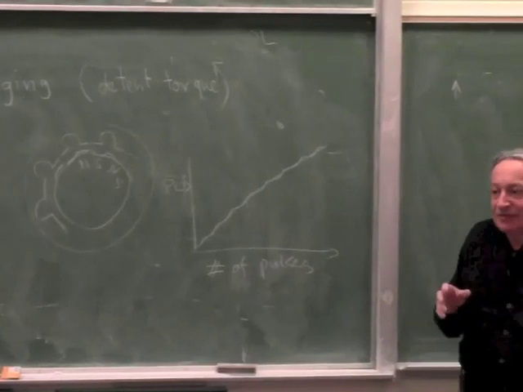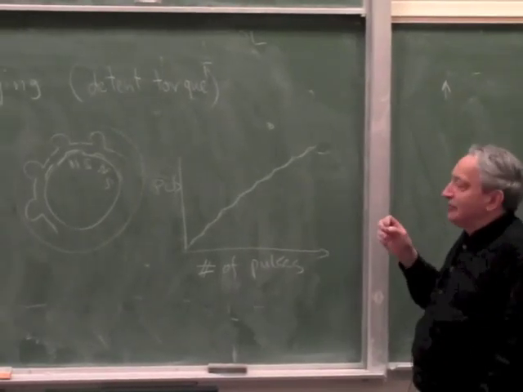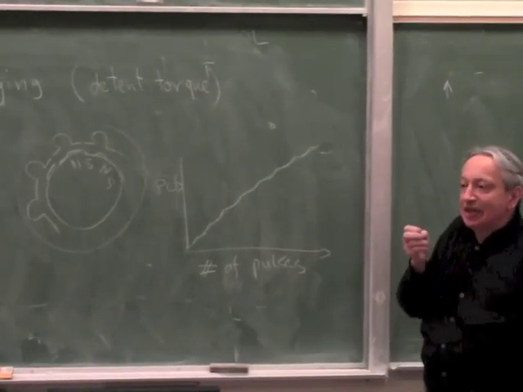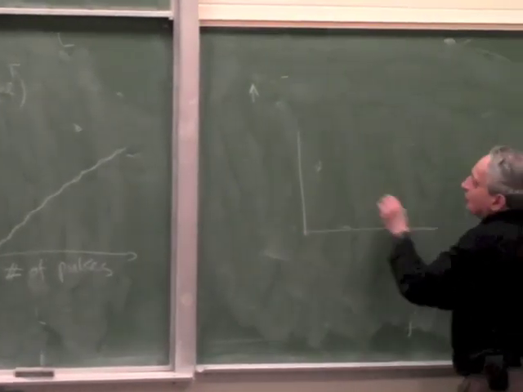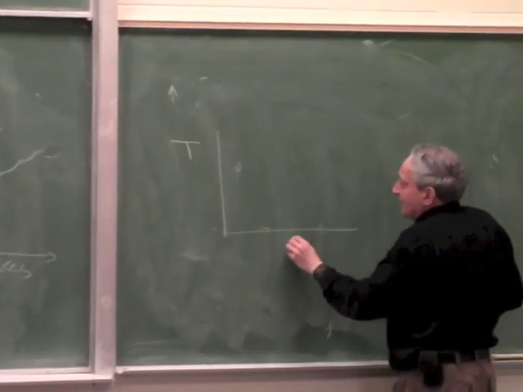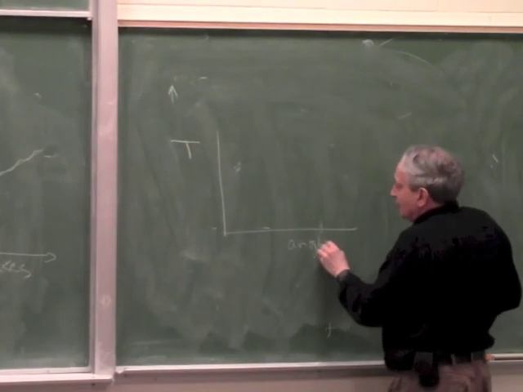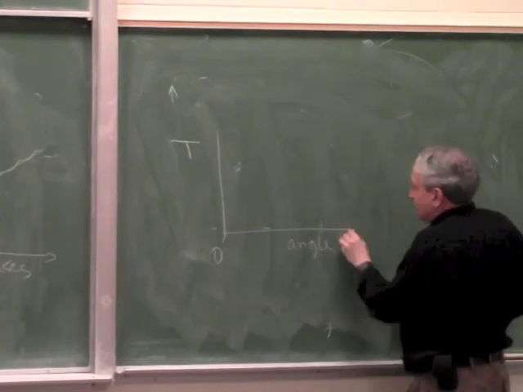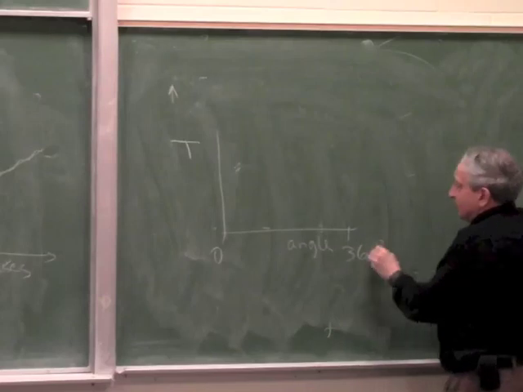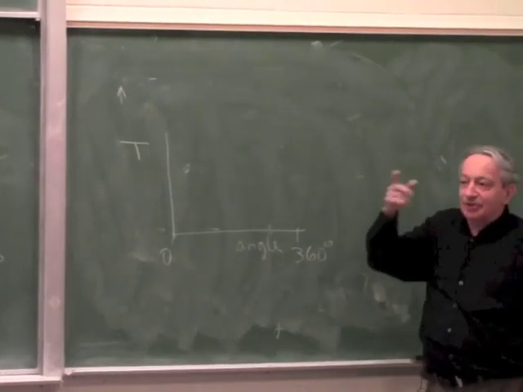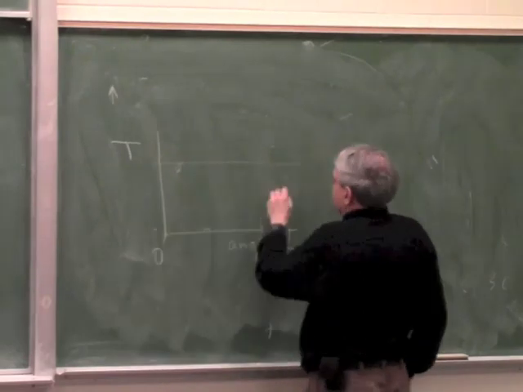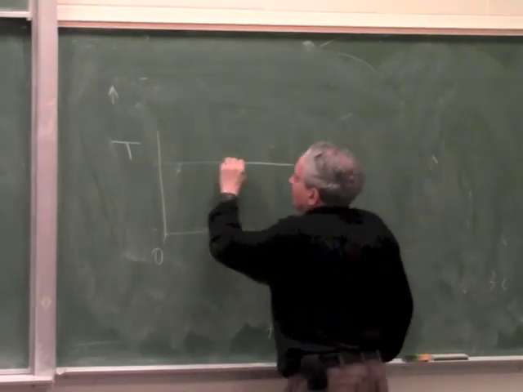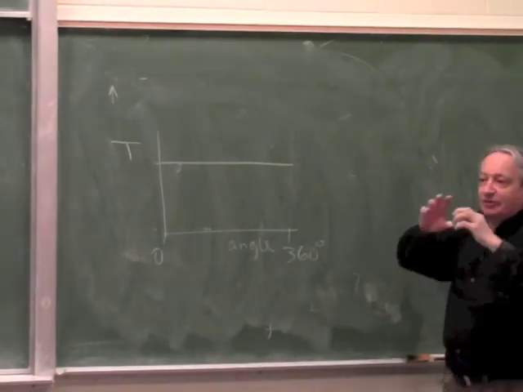But in spite of this, there is always some kind of lack of smoothness, which is if you draw it, say if you draw torque versus angle of rotor, say from 0 to 360 degrees. Because you imagine after one rotation it will repeat itself. So an ideal motor looks like this. The torque is constant no matter where you are.